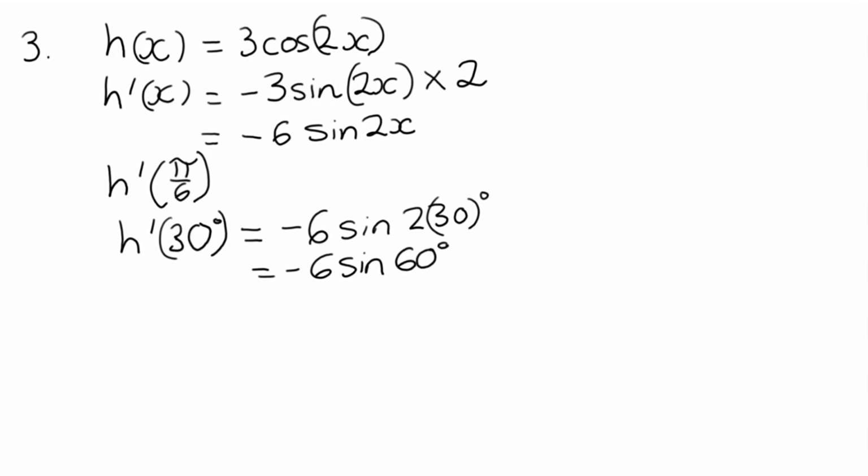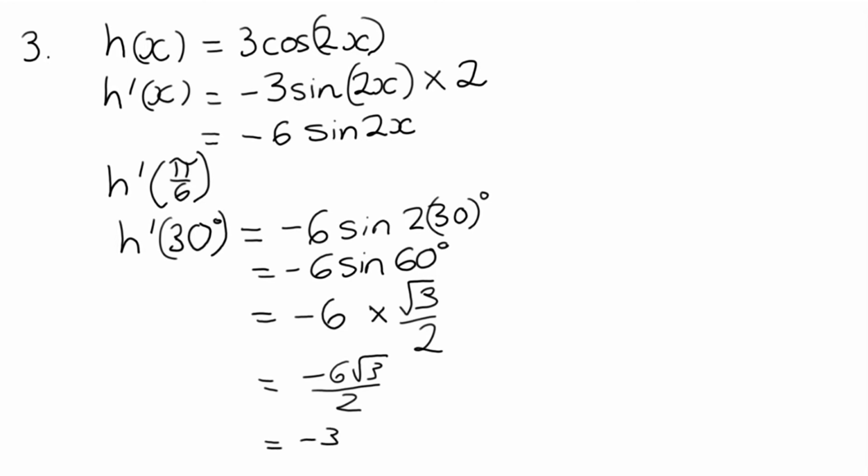You should know from your exact values table that sin 60 is root 3 over 2. Which negative 6 root 3 all over 2 will be negative 3 root 3. 6 divided by 2 gives you 3, so negative 3 root 3.